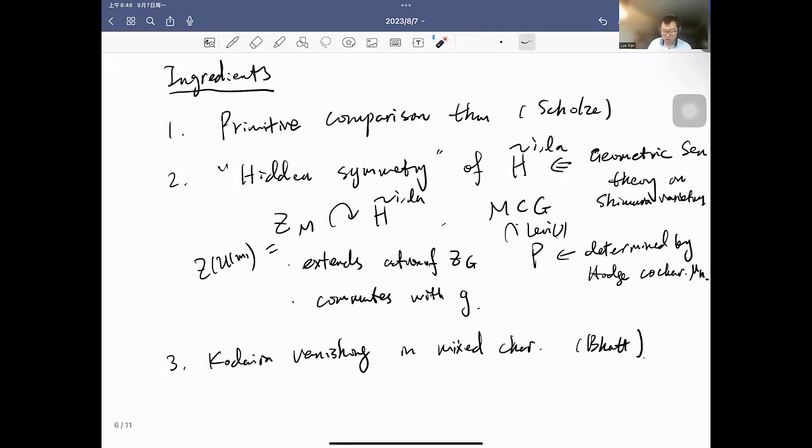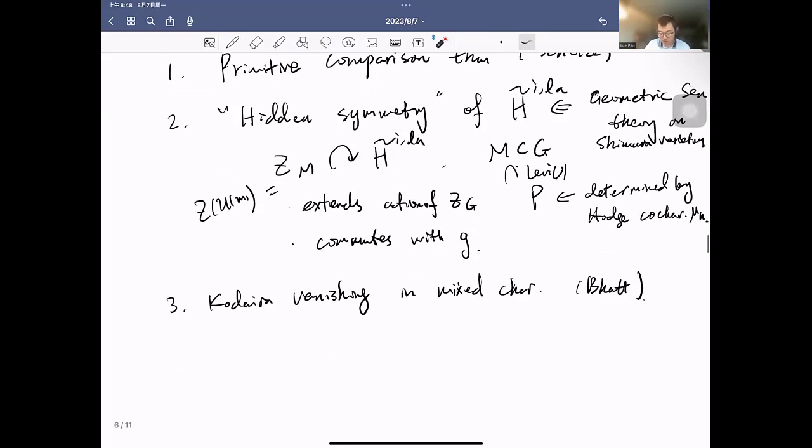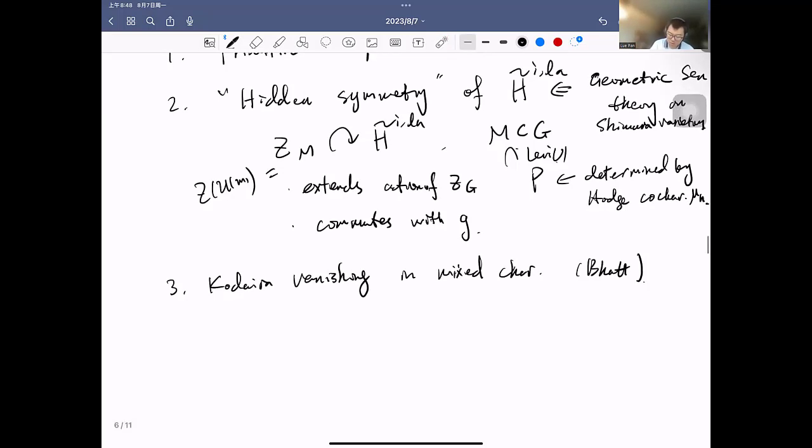So okay, let me start. Let me first say what I mean by primitive comparison. Just for simplicity, let me assume that the Shimura variety we are interested in is compact.